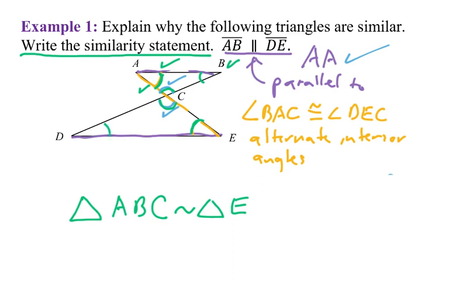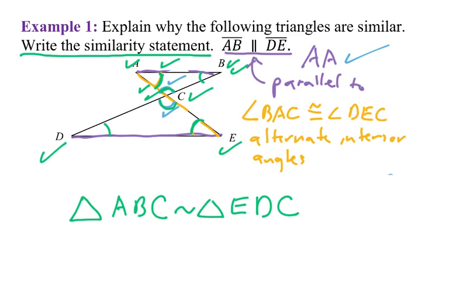I believe we need to say that B corresponds to D. And then finally, because I put the C last, that's that vertical angle, and I would need to put C last here. So we would need to say triangle ABC is similar to triangle EDC, and that's how we would do it.